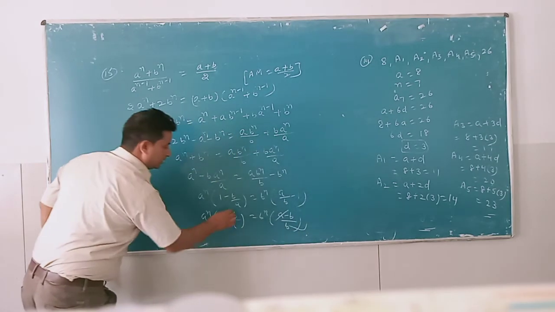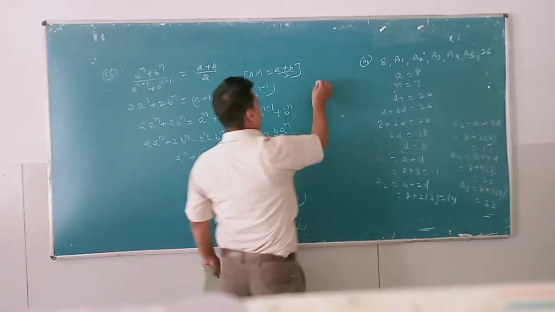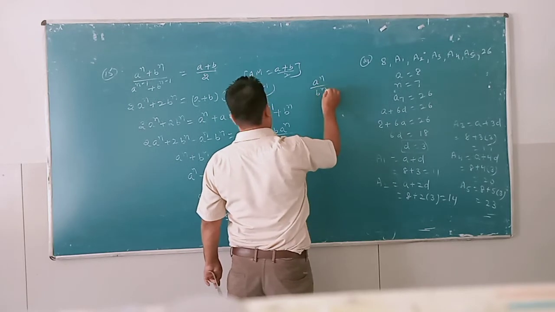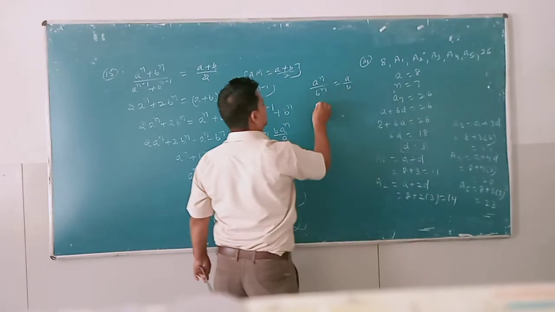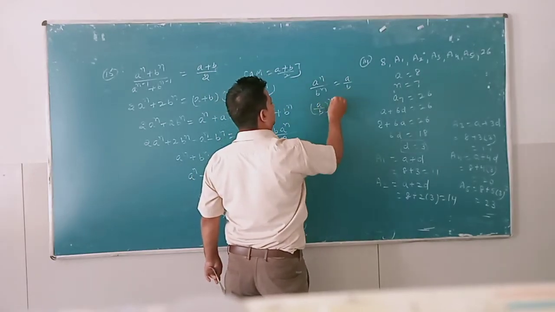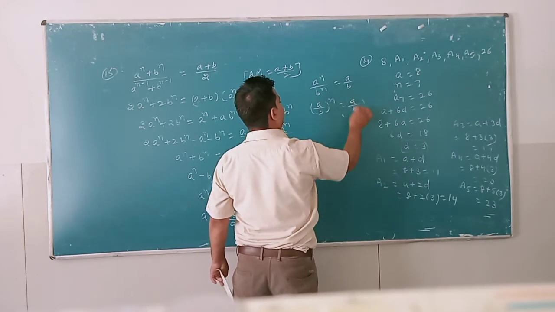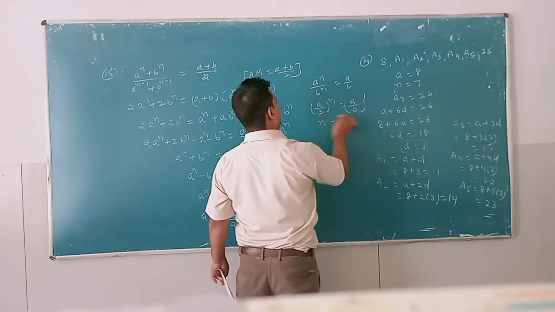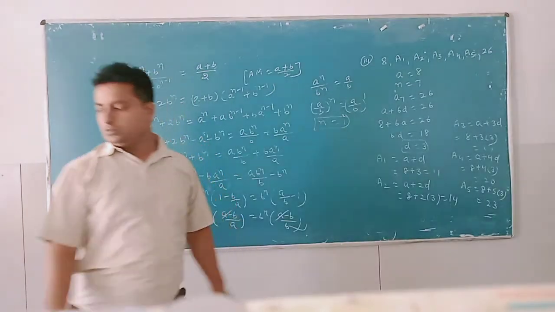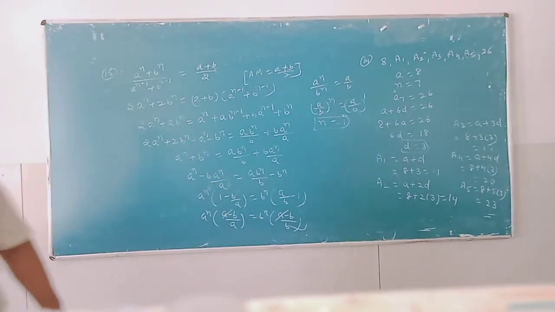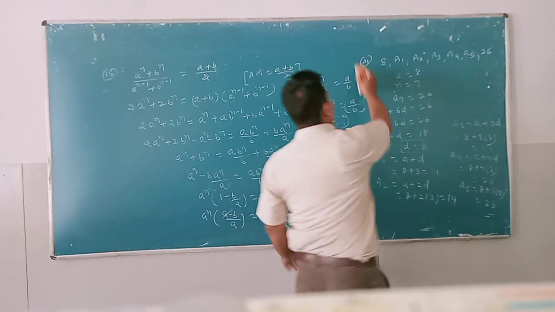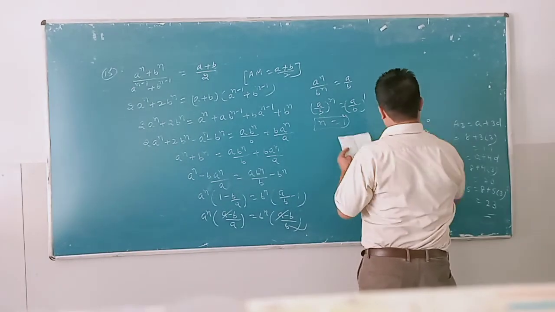So this cancels out. We have a^n upon b^n equals a upon b, so (a/b)^n equals (a/b)^1. So n is equal to 1. As these are equal, the powers are also equal. The value of n is 1.